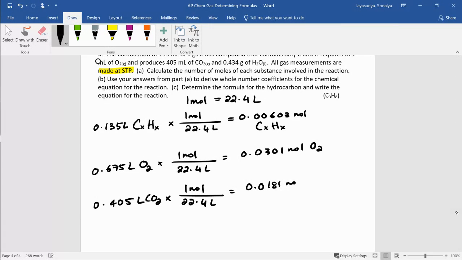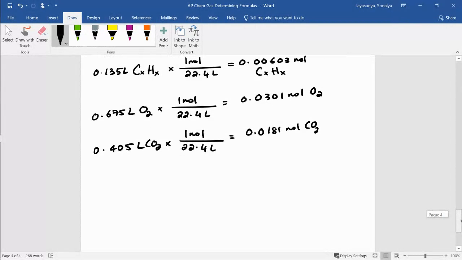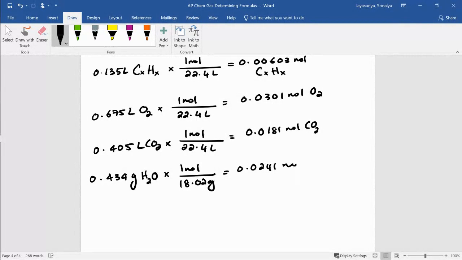And I have 0.434 grams of water. You just use the molar mass of water, 18.02 grams, to get moles of water. That gives me 0.0241 moles of water.